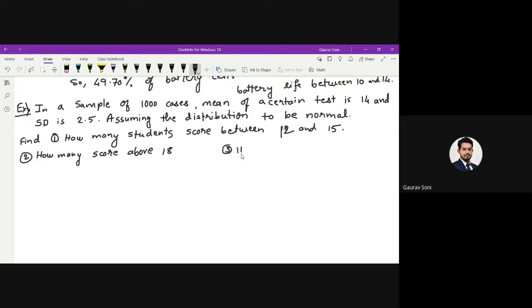Third, how many score below 8? How many score exactly 16?